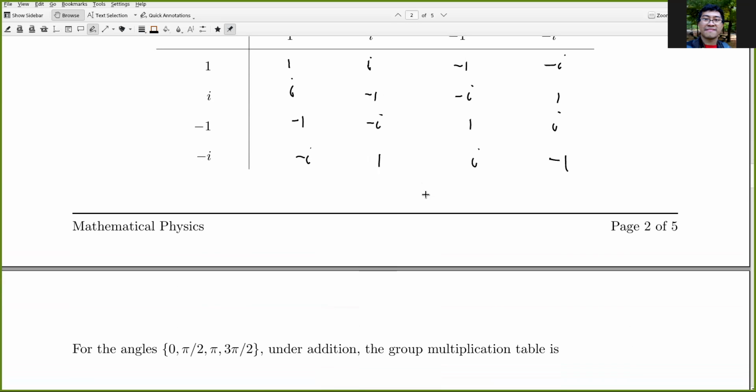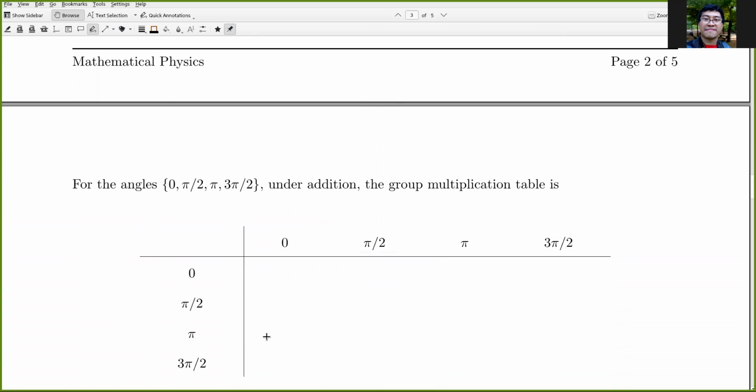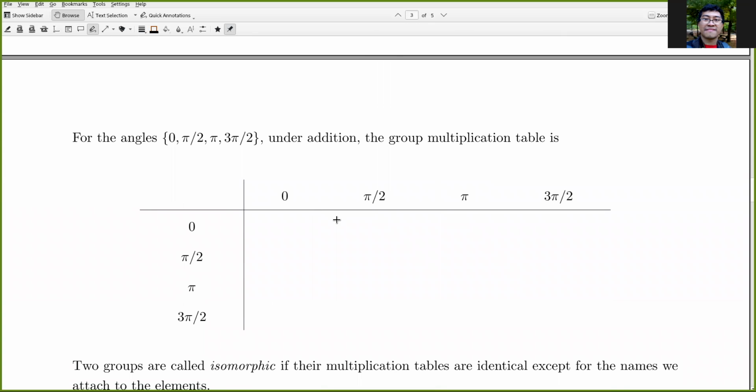Now another group is this set of angles under addition. This is a group. So the group multiplication table is a multiplication table, although we use addition. 0 plus 0 is 0, 0 plus pi over 2 is pi over 2. 0 plus pi is pi, 0 plus 3 pi over 2 is 3 pi over 2.